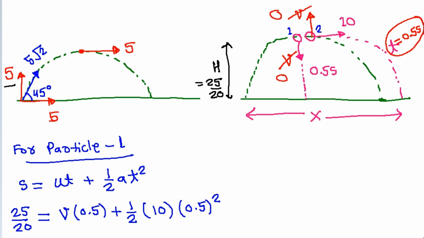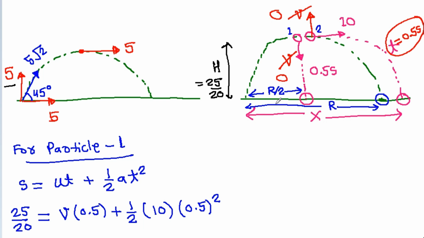And now the center of mass must fall here because there is no external force, and one particle is falling here and the other particle here. So this distance is range r and this distance is r by 2.